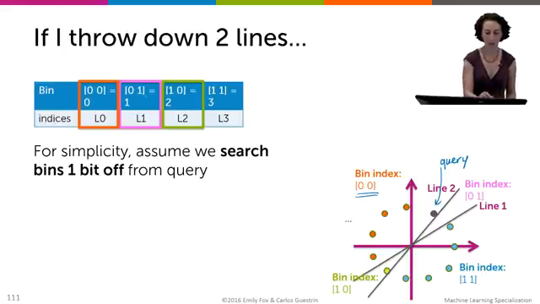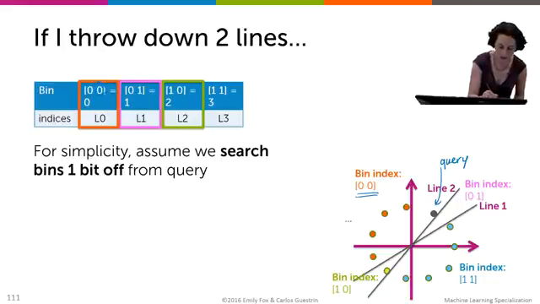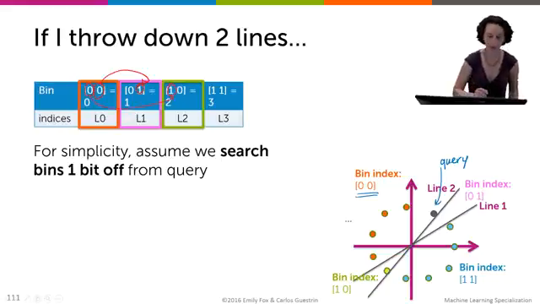Then we would also search bins 0, 1 and 1, 0. So these are cases where we've taken 1 bit and flipped it and searched those 2 neighboring bins.